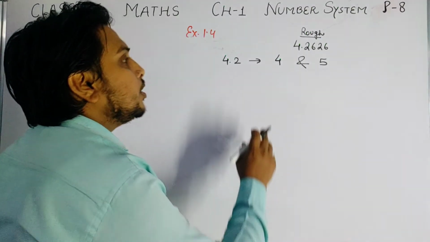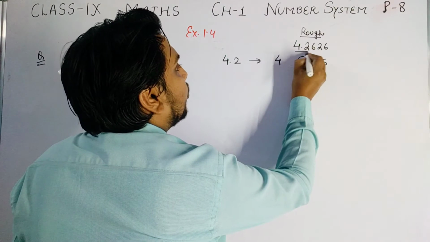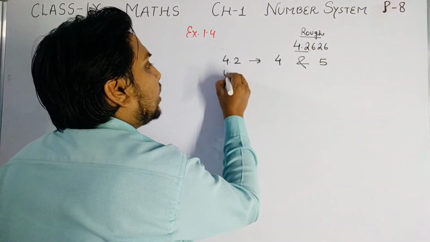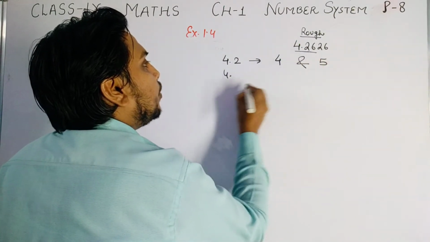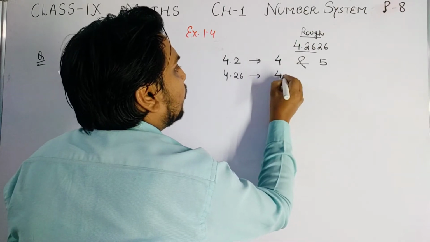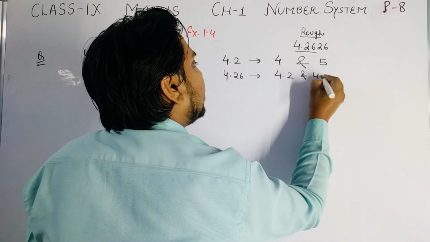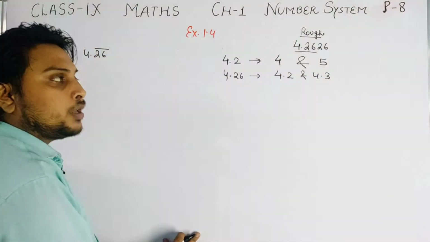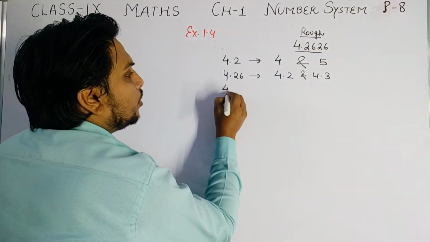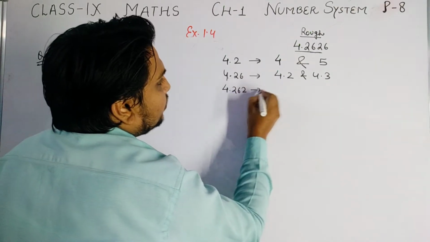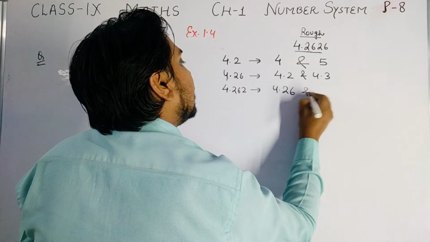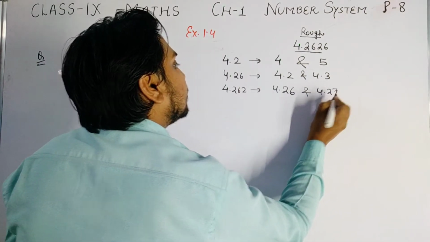So firstly we see only up to 4.2, which is in between 4 and 5. After that we see one more digit, 4.26, which will lie in between 4.2 and 4.3. Now one more digit, 4.262, will lie in between 4.26 and 4.27.